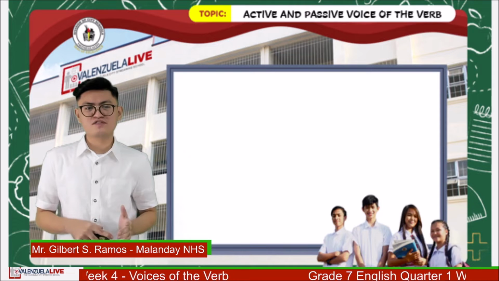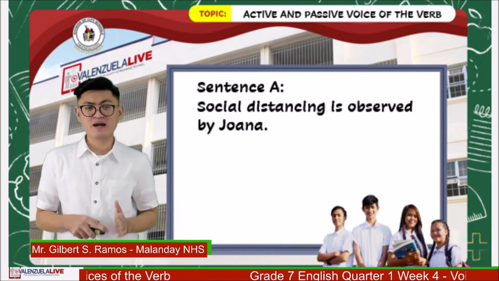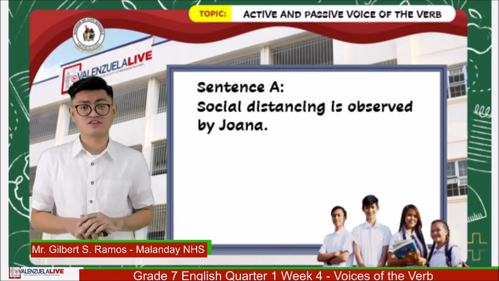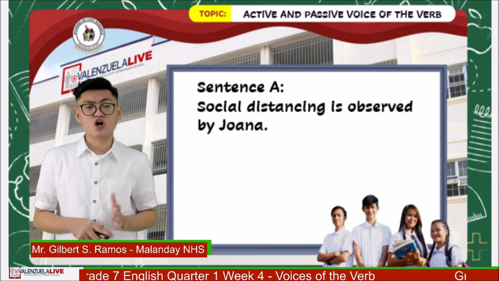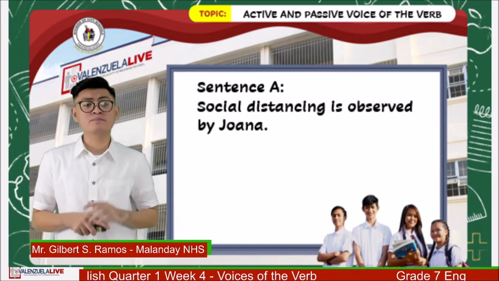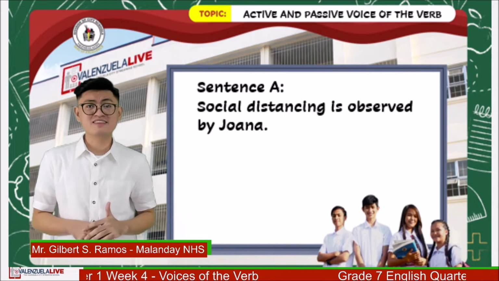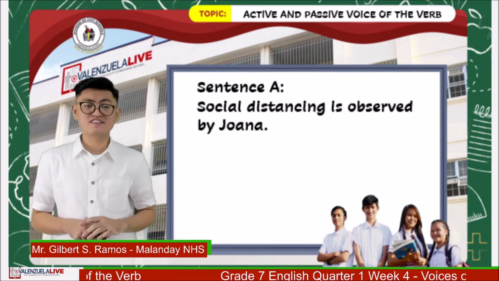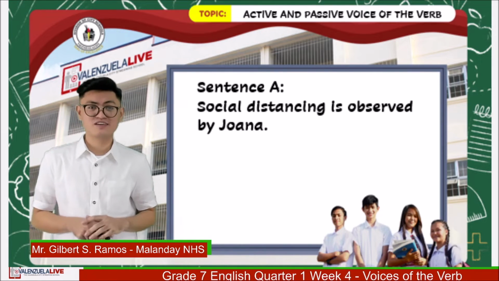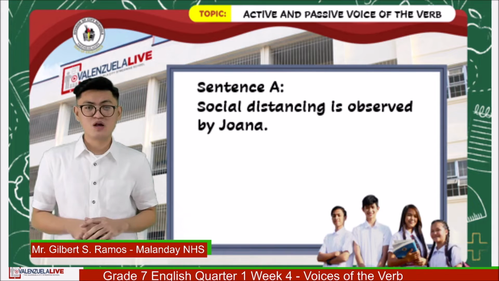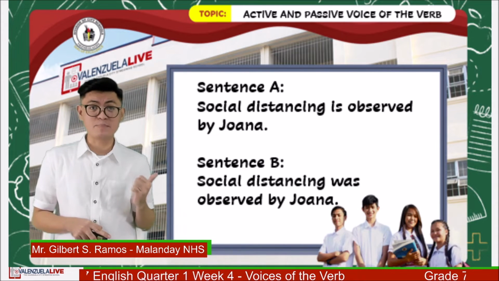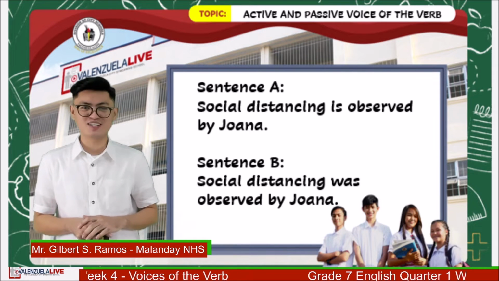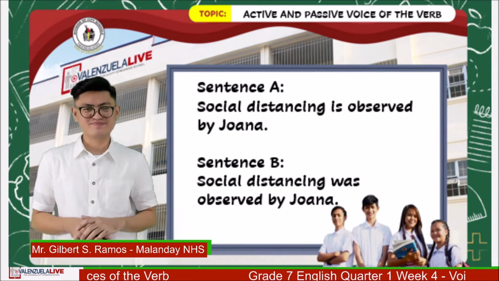If we will transform sentence A to passive voice, our understanding of the sentence pattern will help. The object of the sentence becomes the subject. So sentence A becomes, social distancing is observed by Joanna, while sentence B becomes, social distancing was observed by Joanna.